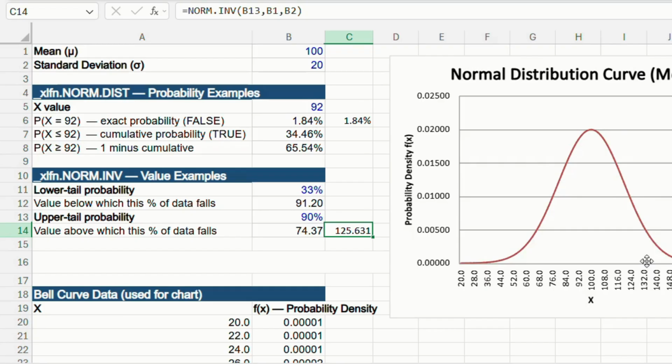So most of the values fall below this point, not above it.